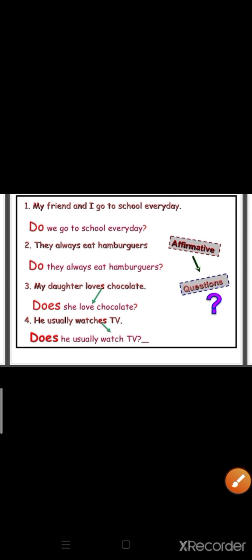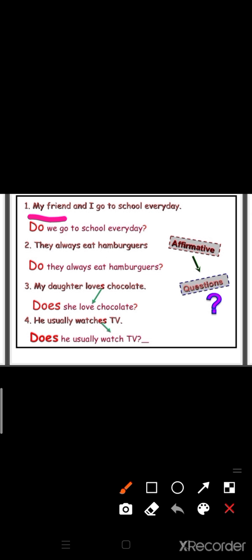Let's have a look. My friend and I go to school yesterday. So here my friend and I, these are plural. Two persons are going to school. So we will use do here. Do we go to school every day? They always eat hamburgers. So they is also plural. We will use do they always eat hamburgers?